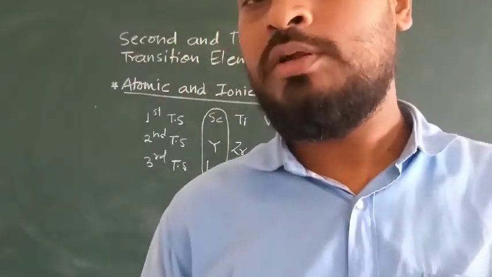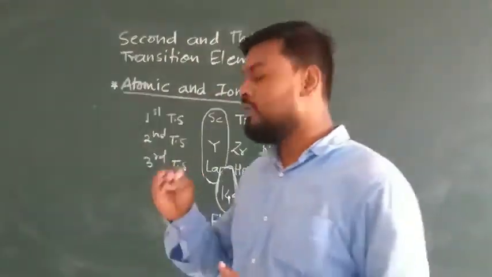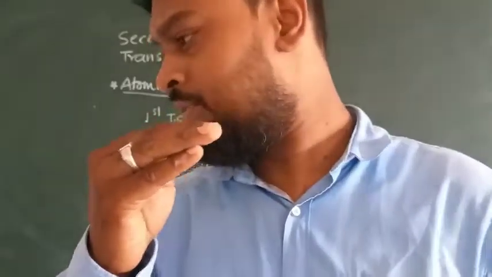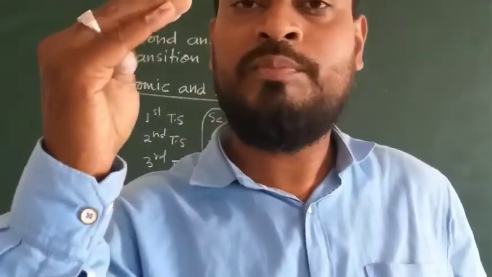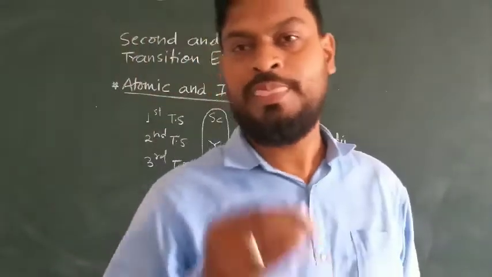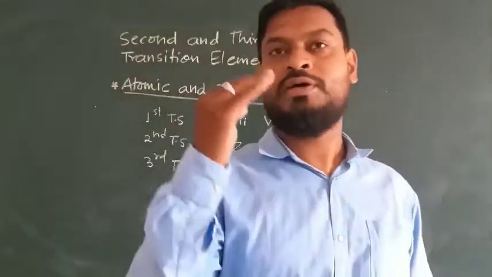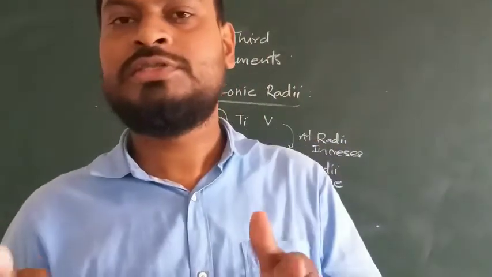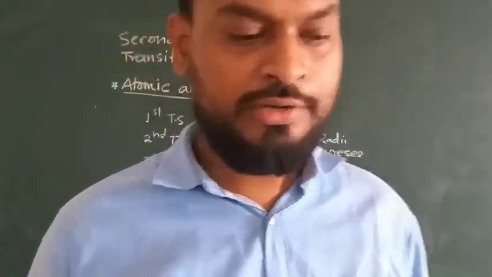In conclusion, again I am going to repeat these things: if we consider these three series, first transition series, second transition series and third, then while moving from first to second transition series, size increases. Alright, size increases, but from second transition to third transition series, the size of those elements will remain the same, constant.